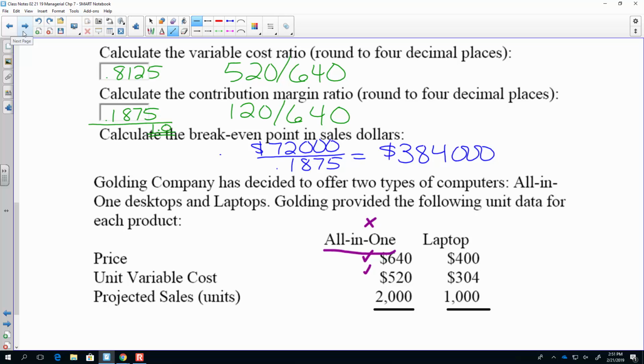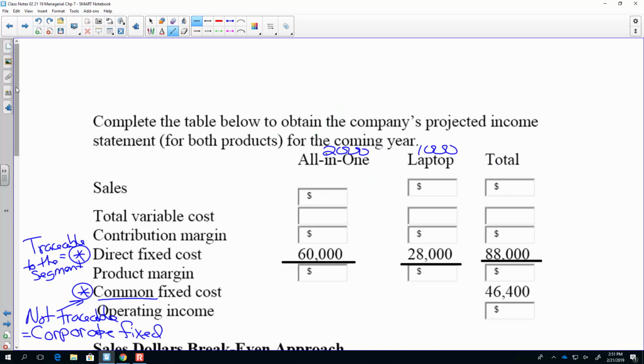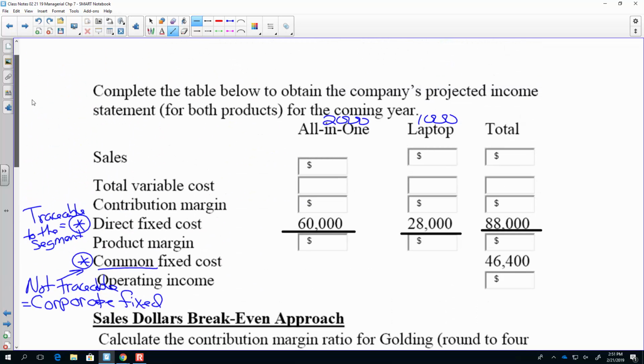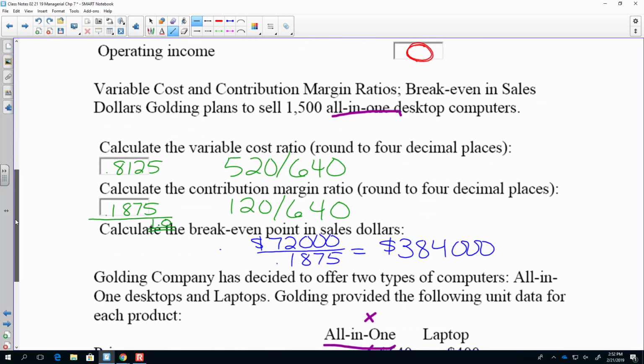Let's get that far. So 2,000 times 640, 1,000 times 400. What I want to do is go back to this third page, I think it is, and multiply it by the selling price to get the sales. 640 and 400, I think it was, right?